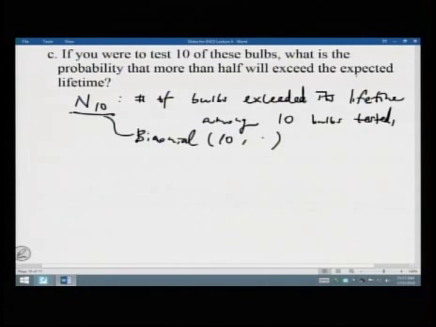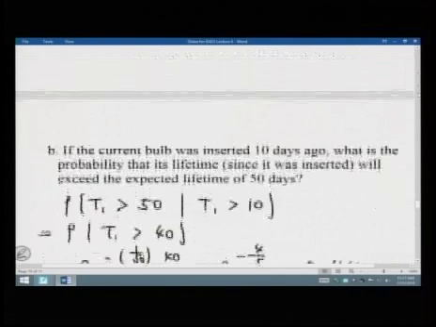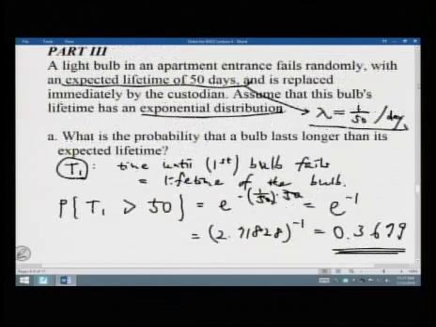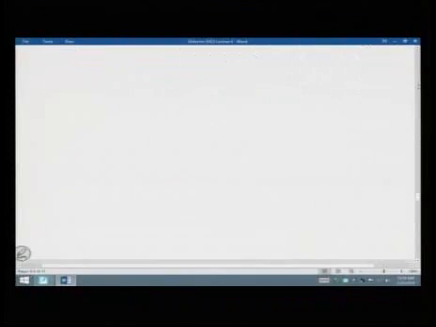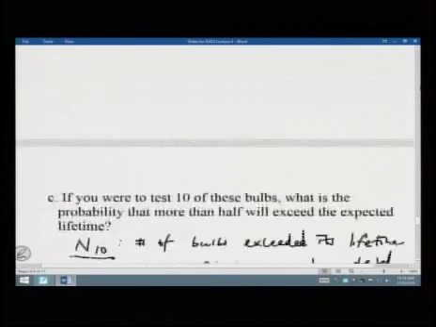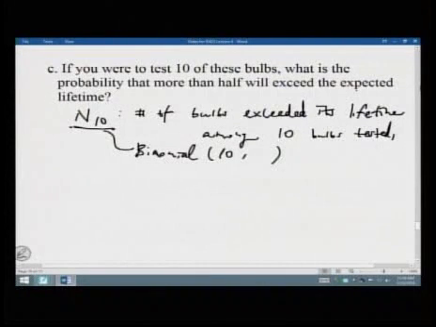We already got this probability earlier, here in part A. It asked for the probability that the light bulb lasts longer than its expected lifetime. What is that probability? That is 0.3679. So we're going to use that probability back down here. You've got to be careful.